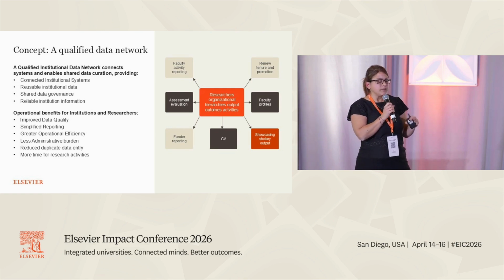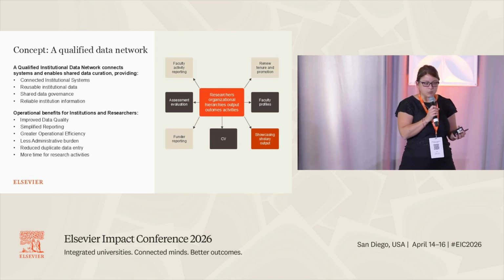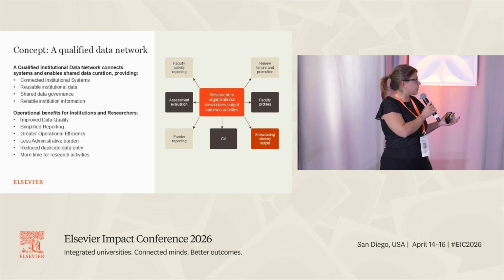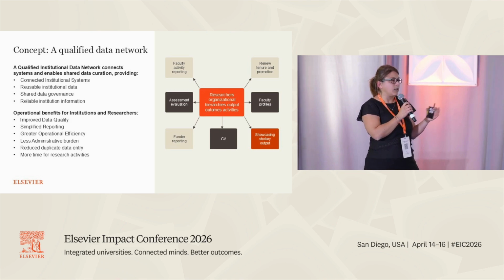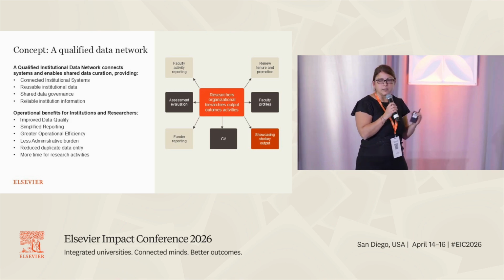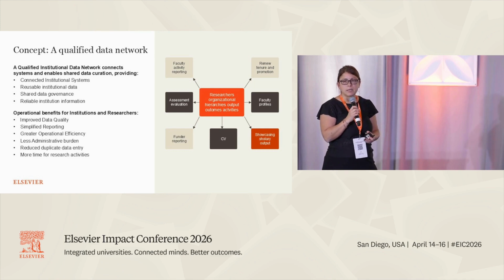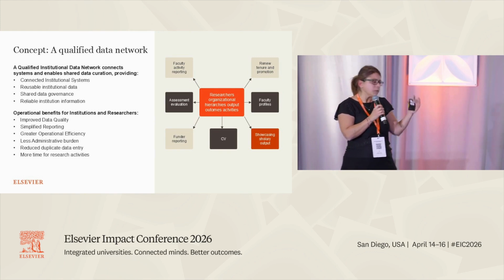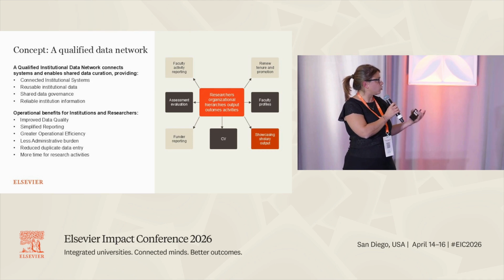Now, this is a bit of a concept, but what I've been describing until now in practice is a qualified data network. So a qualified data network connects the different systems and enables shared data curation, and I didn't mention before, but it's an important point, also ensures that there is proper data governance in this picture.